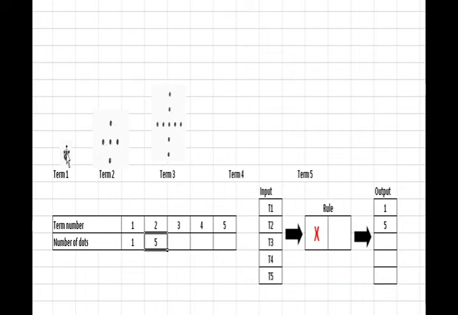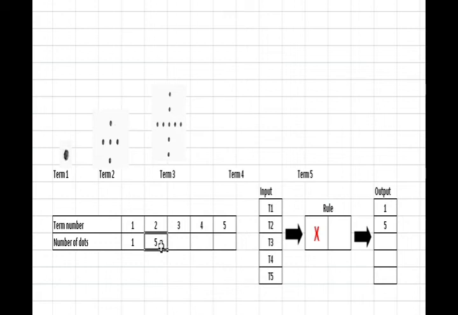If I take that 1 dot from term 1 and place it in the middle, and then add a dot on each end of my arrow, north, east, south, west, I am adding 4 more dots to term 1 in order to give me 5 dots altogether in term 2.